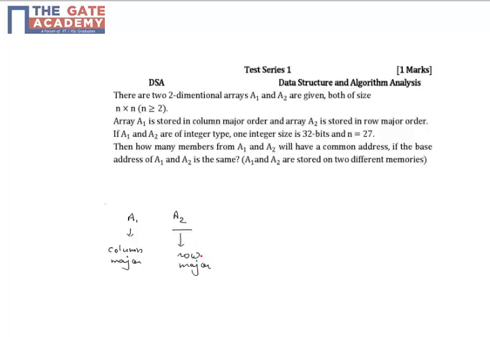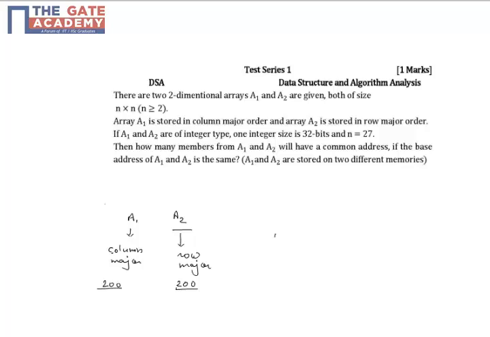Suppose the two arrays are stored in two different memories and their starting address is the same. Let's say I am taking the starting address of both arrays as 200. In some memory, a1 is starting from 200 and a2 is also starting from 200. Now they have asked us to find out how many items in a1 and a2 will have the same addresses.